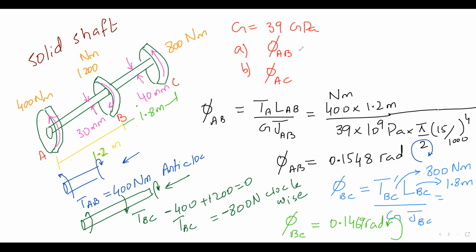AB. Oh, we already found this, by the way. 0.1548 twisting in clockwise, and phi AC is phi AB plus phi BC, which, if clockwise is let's say positive for now, is going to be 0.1548 minus 0.1469.